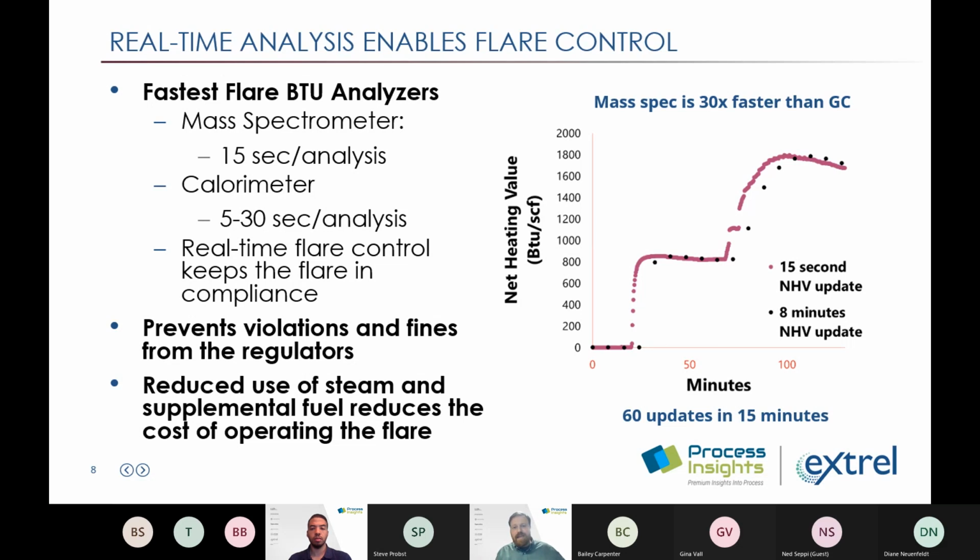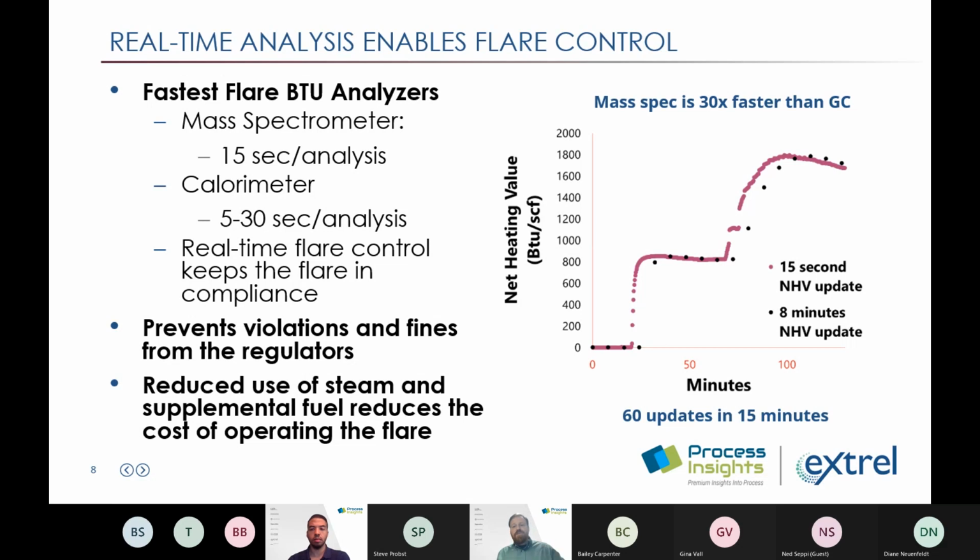So there's a lag as a result of the analysis time in its ability to recognize changes in the heating value of the sample. So the risk here, if you have an update point once every 8 minutes, and I've heard some flare GC companies talk about strategies to maybe reach 4 minutes per analysis. So that would be better.